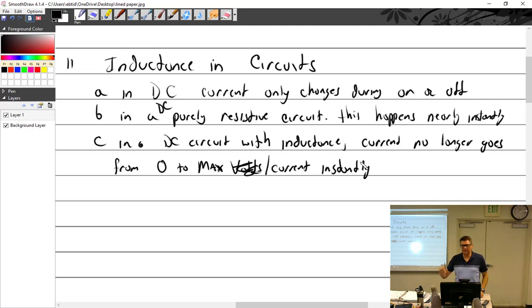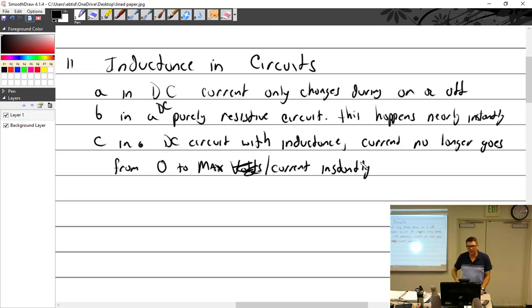Why does it not do it instantly when I add an inductor? Because now you're getting counter EMF. I am adding resistance in the form of a coil, which causes counter EMF.